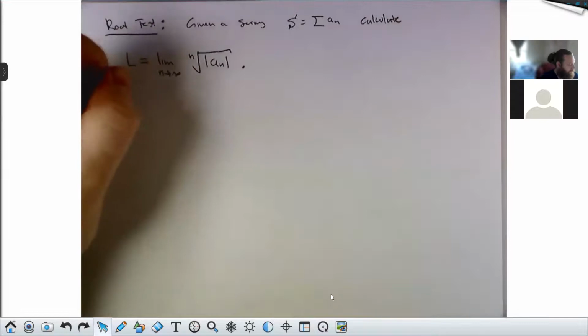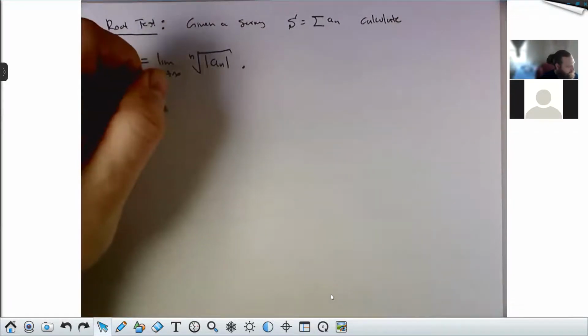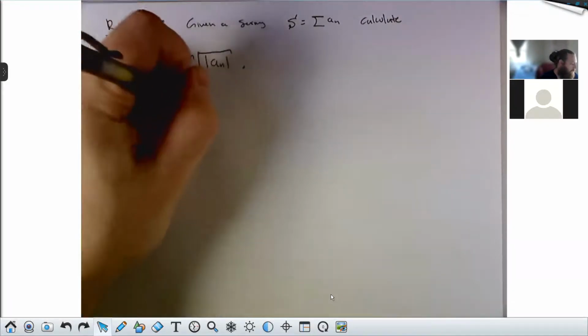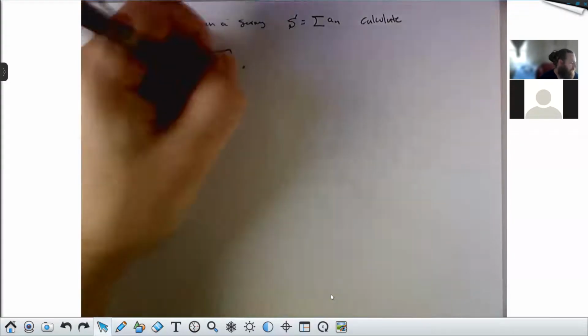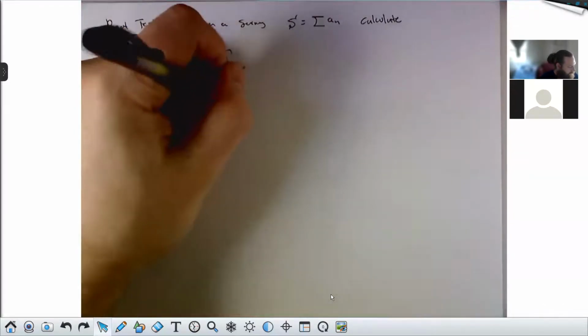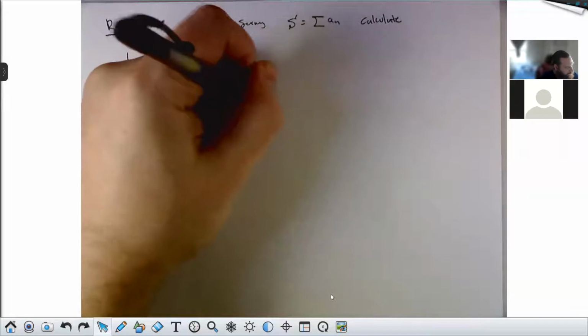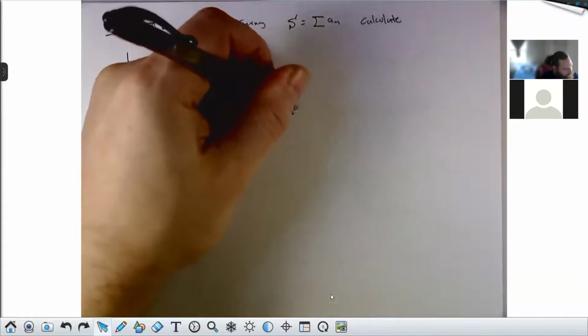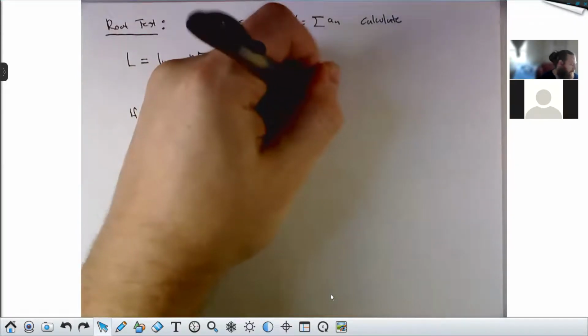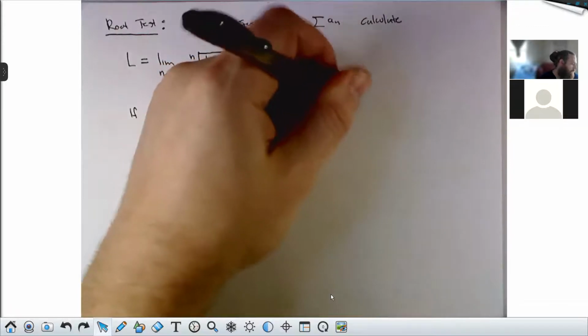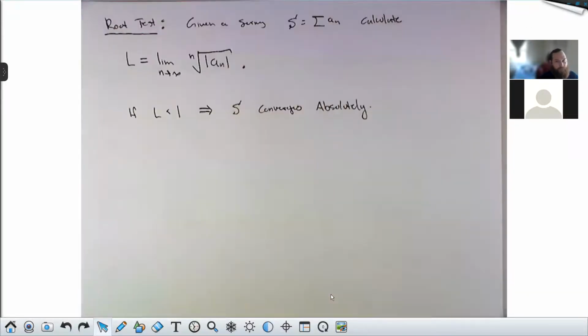And then if L is smaller than 1, that tells you that the series S not only converges, but converges absolutely. This is nice.